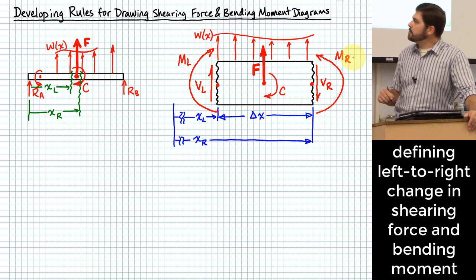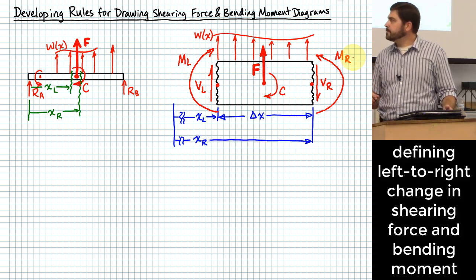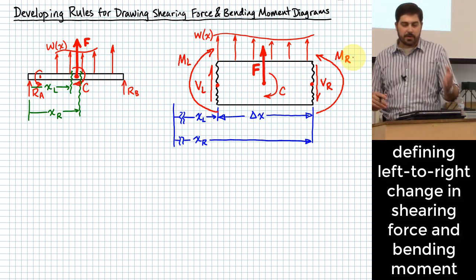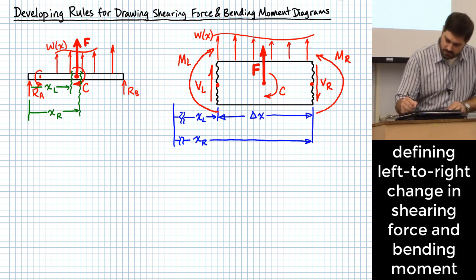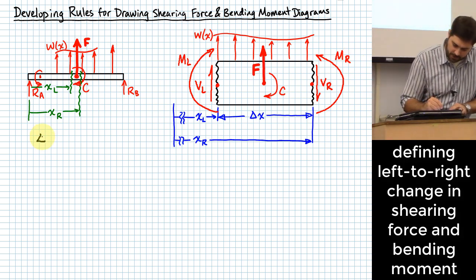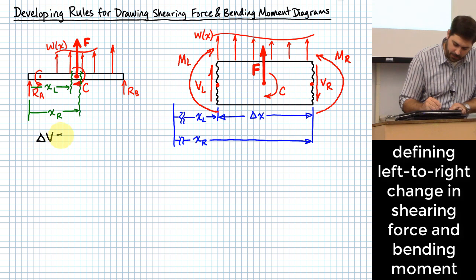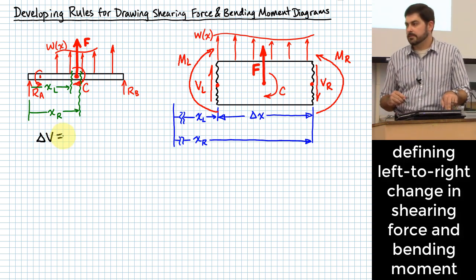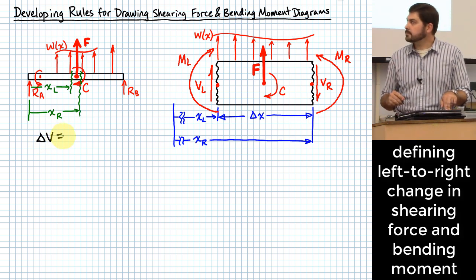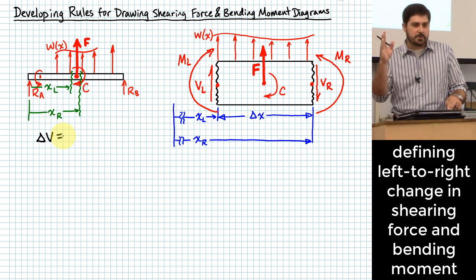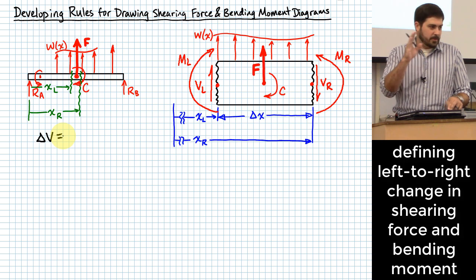What do you think I might want to call the difference in the shearing force? If I wanted to define something delta V, how would I define that, you think? Keep in mind, what I'm trying to do is measure all of my X values relative to the left, right?